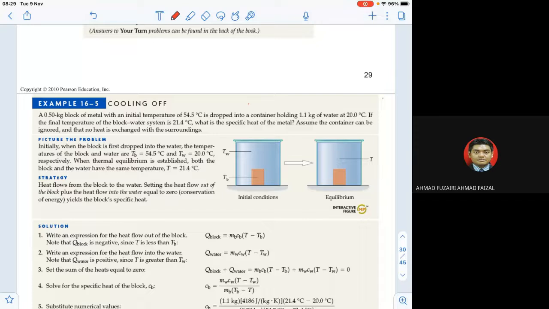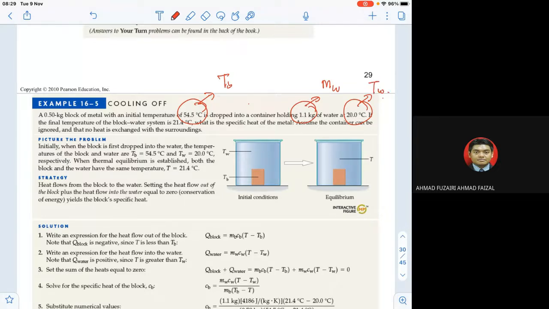Okay, let's look at another example. A 0.5 kilogram block of metal with an initial temperature of 55 degrees Celsius. So this one is the initial temperature of the block, TB. It's dropped into a container holding 1.1 kilograms, so this one is MW, at 20 degrees. So this one is TW.